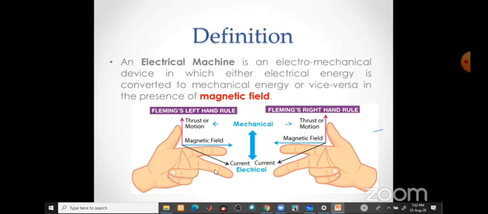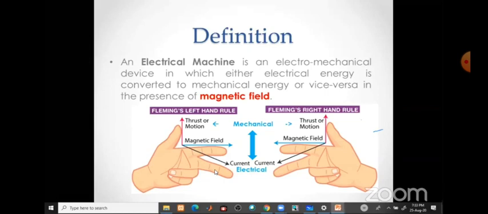If there is no energy conversion like this, like in a transformer, as you know, there is some magnetic field, but there this energy conversion doesn't take place. That means the electrical energy is neither converted to mechanical energy, nor mechanical energy converted to electrical energy. So as per this definition of electrical machine, a transformer is not an electrical machine.